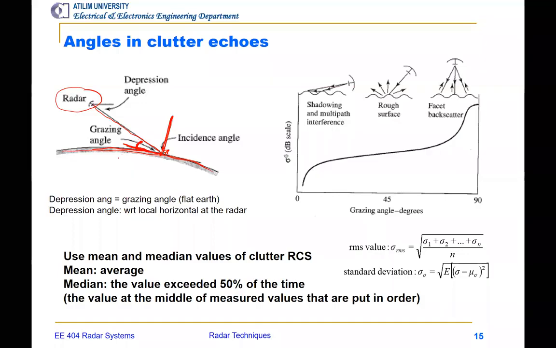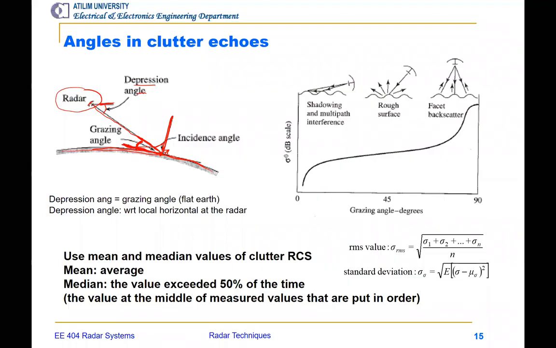So if we take Earth as a plane, then this tangential line is simply the surface of the Earth. Now, there is another angle here, which is called depression angle, measured from this line to the direction of the platform. Okay? As the Earth is not a plane, the depression angle is different from the grazing angle. And incidence angle is measured from the line to this vector perpendicular to the surface of the Earth.